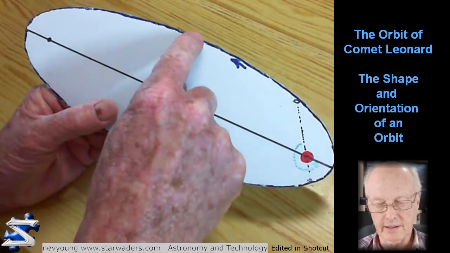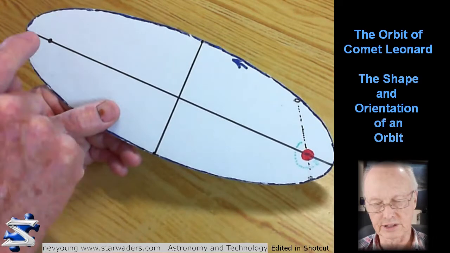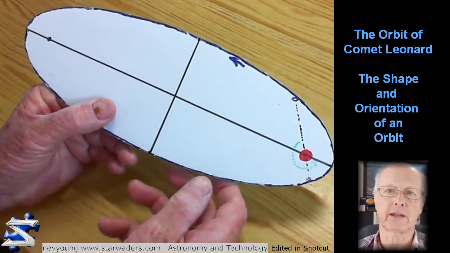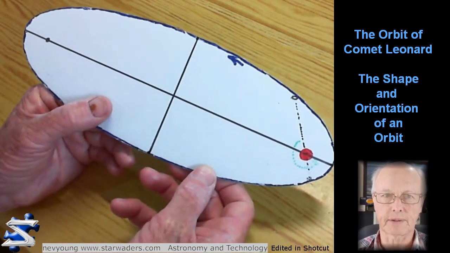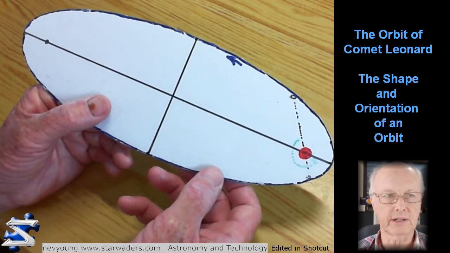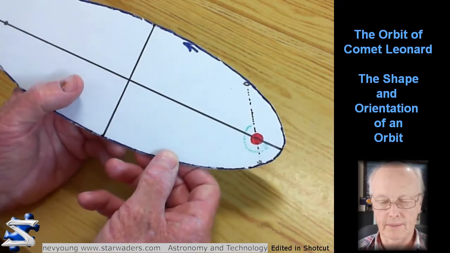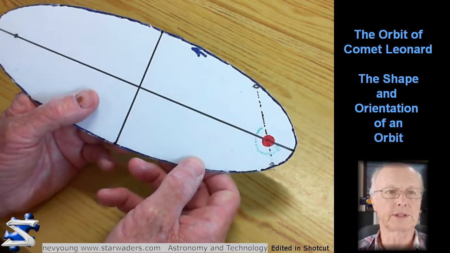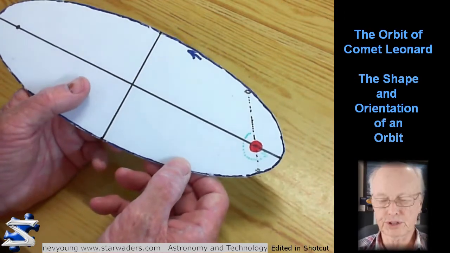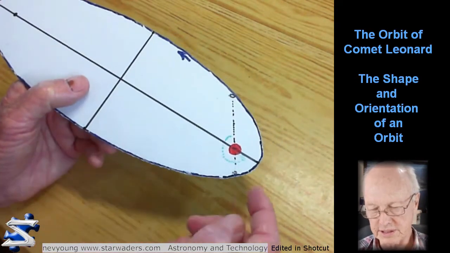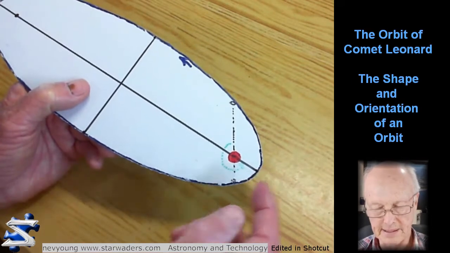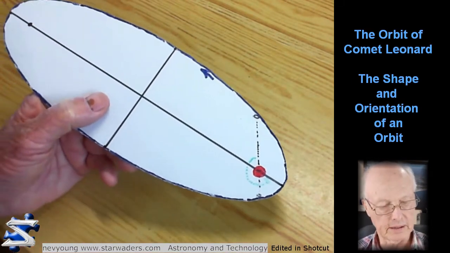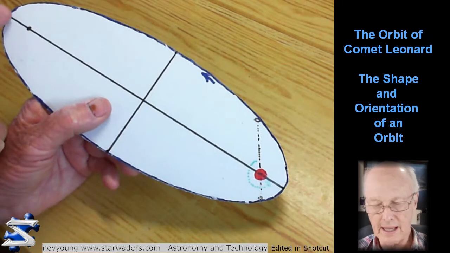It is the ratio of the minor axis to the major axis, and that number is called the eccentricity. It is one of the numbers that is specified in determining the shape of an ellipse. Now the point at which the orbit comes closest to the sun is called the perihelion. That is down there. And the opposite end of the orbit is called the aphelion.